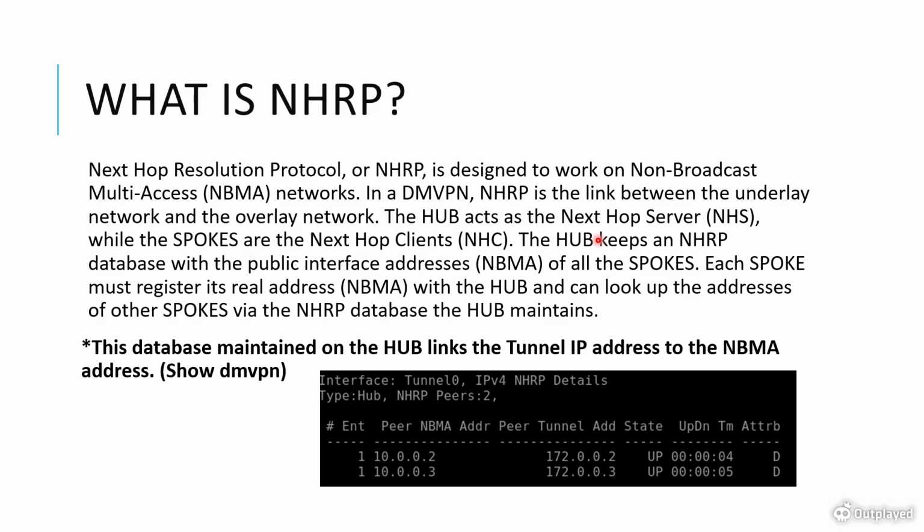Each spoke must register its real address, that underlying address, with the hub, so it can look up the addresses for other spokes via this NHRP database that the hub maintains. So this database maintained on the hub links the tunnel IP address to the underlying IP address, the non-broadcast multi-access.